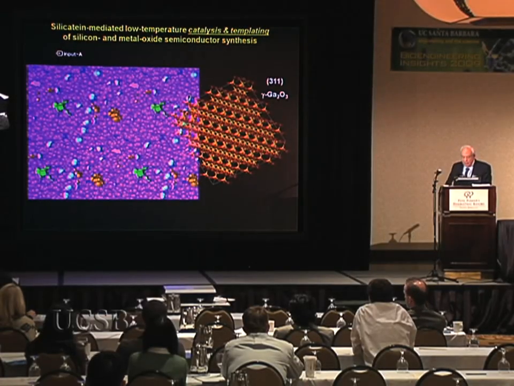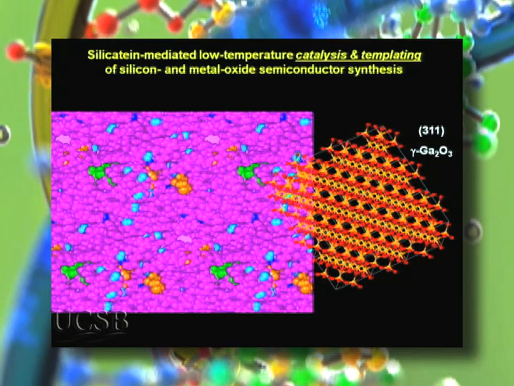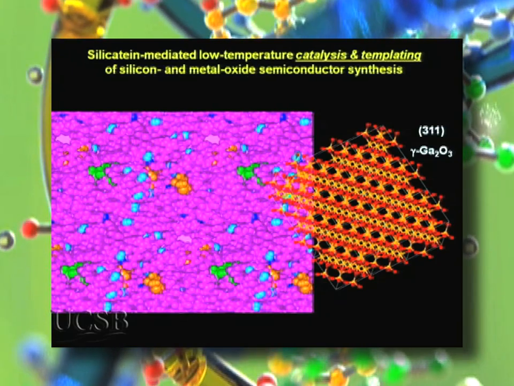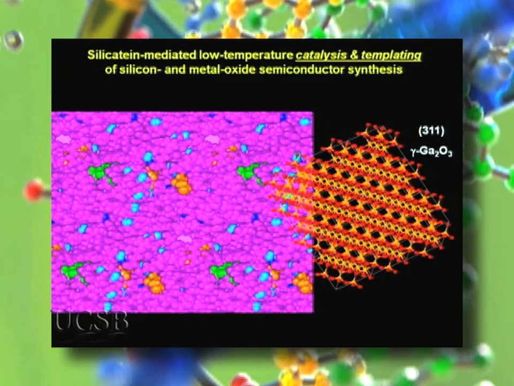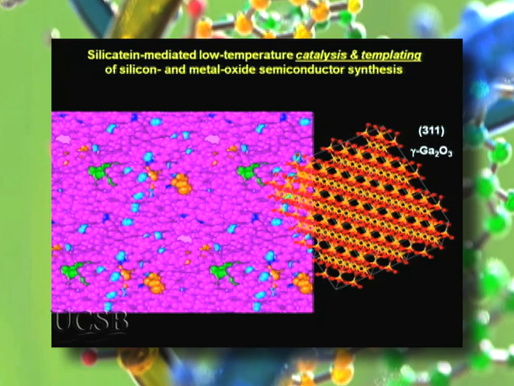This is a little section of the protein filament to identify not only the catalytic parts of the protein, but those that are involved in the templating, the control of the nanostructure of the protein. Here's the crystallographic structure that we determined by electron diffraction of the gallium oxide that we made at low temperature and neutral pH with this enzyme. And here, the underlying structure of the enzyme that serves as both the catalyst and a template.